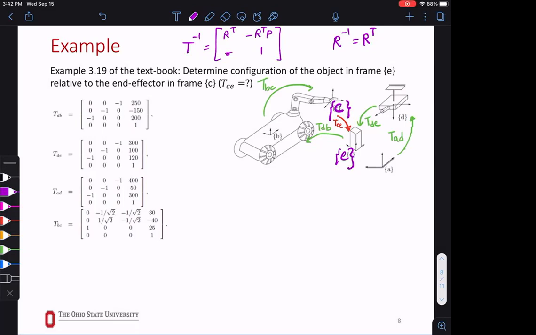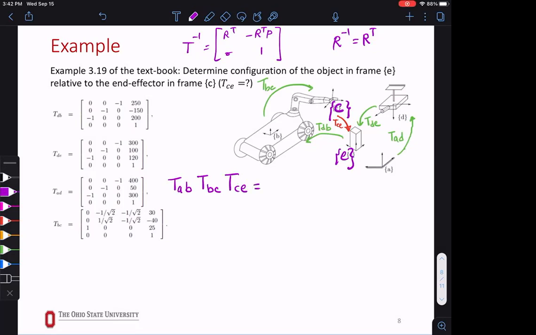One way to do it, I'm going to start and then you can continue that or follow what I'm doing. So one way is that I can write TAB, TBC, TCE, because I'm trying to find TCE, right? I'm going to put that in a loop.